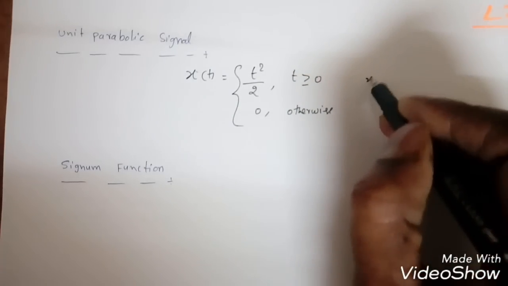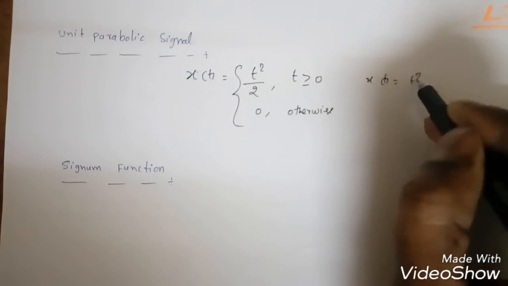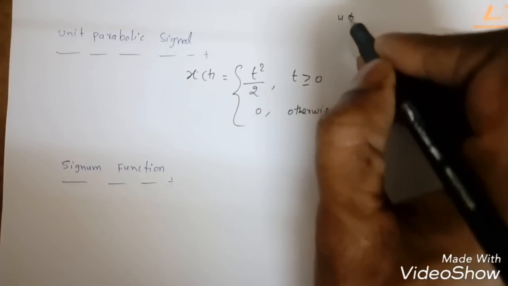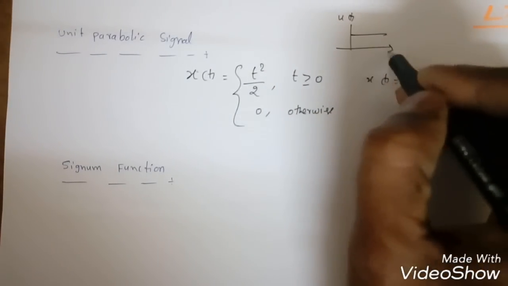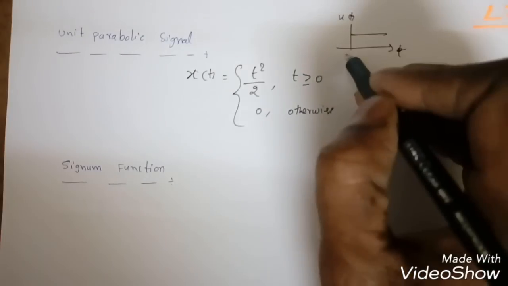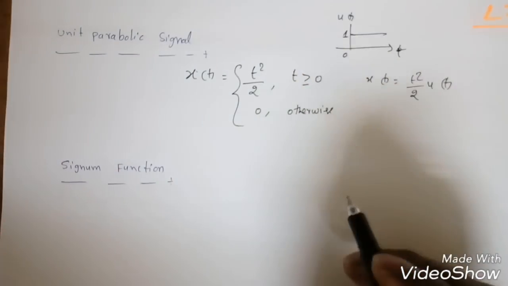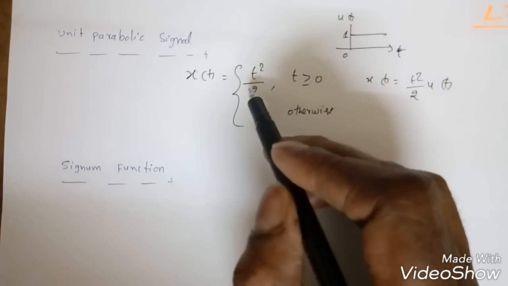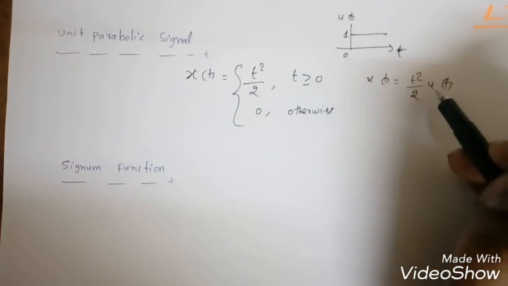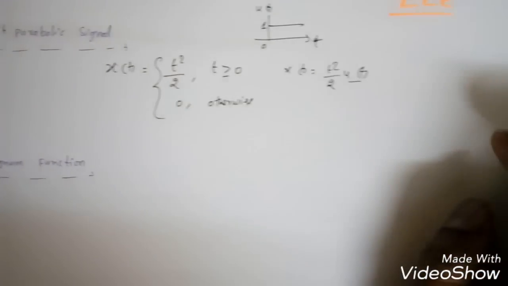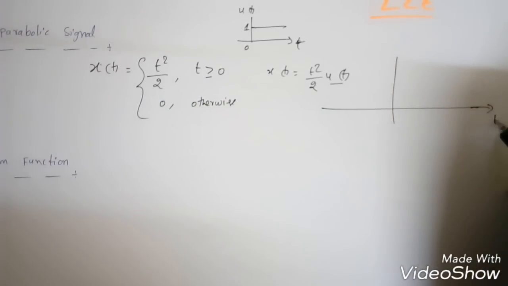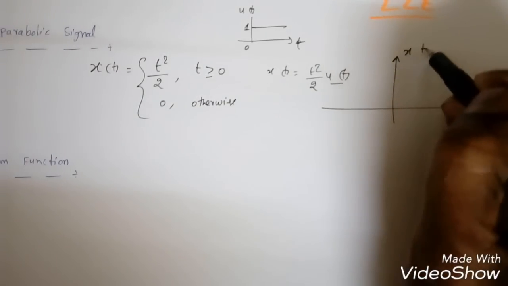So this x of t we can simply write as t square by 2 into u of t, because u of t is 1 for t greater than 0. Whenever a signal has some value for t greater than or equal to 0, that value can be multiplied with u of t. Now how to draw the waveform, with t on the axis and x of t.